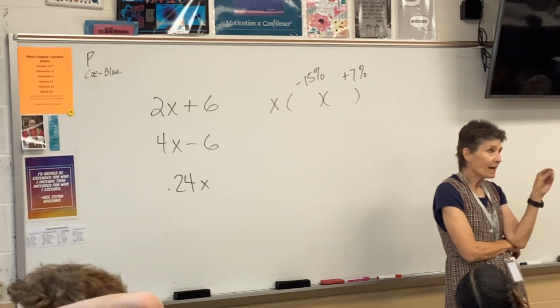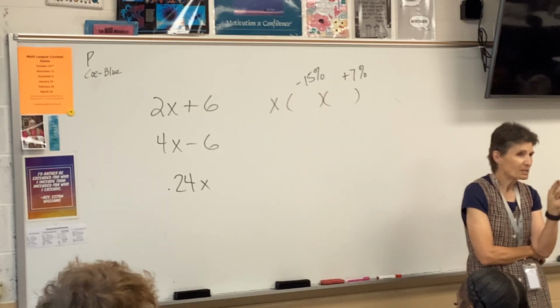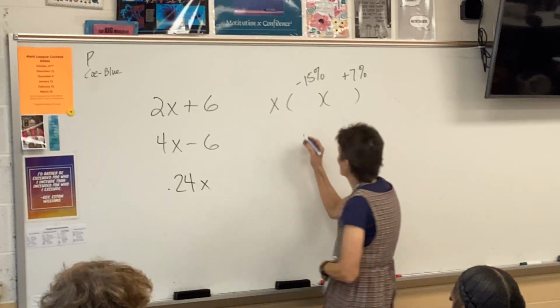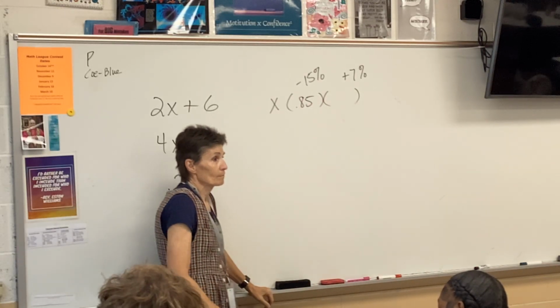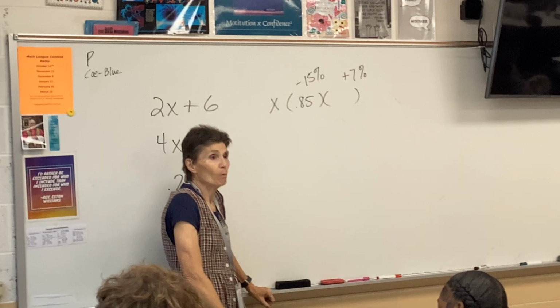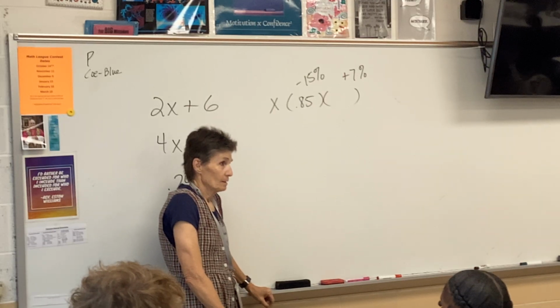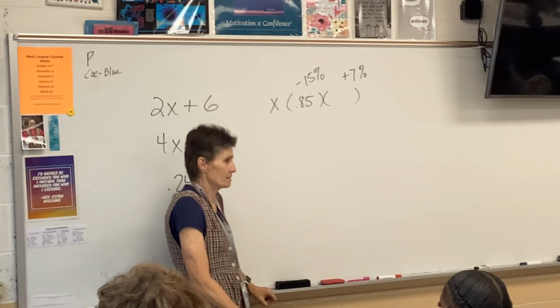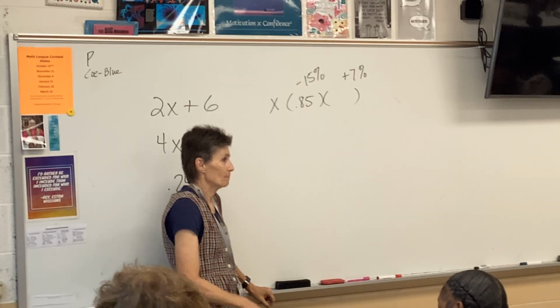If I am not gonna pay 15%, how much am I going to pay? 85%. So we're gonna multiply by 0.85. Multiplying by 0.85 is a shortcut. You've subtracted the 15, but you didn't have to figure out what it was. 85%, I'm gonna pay 85%.